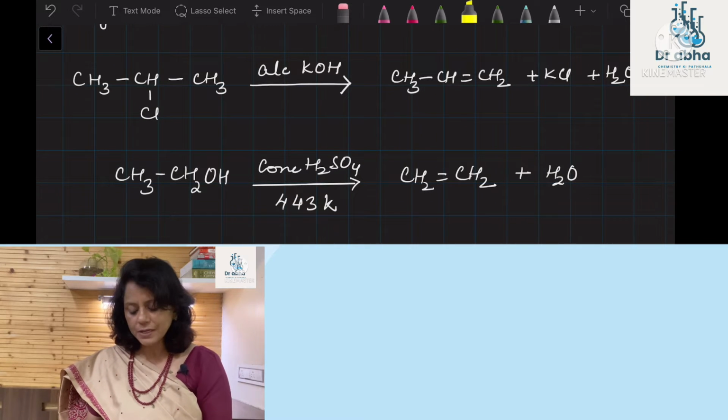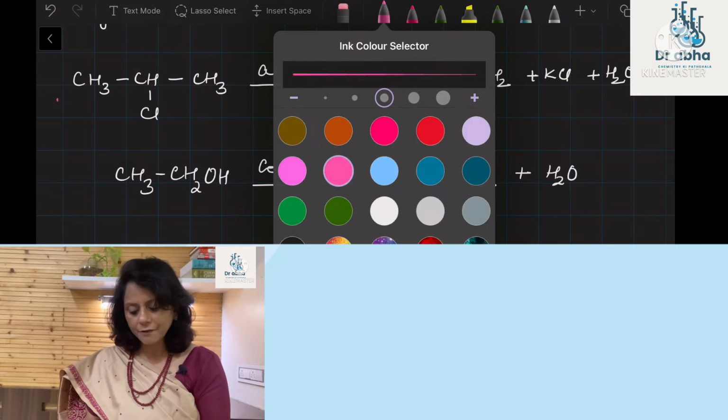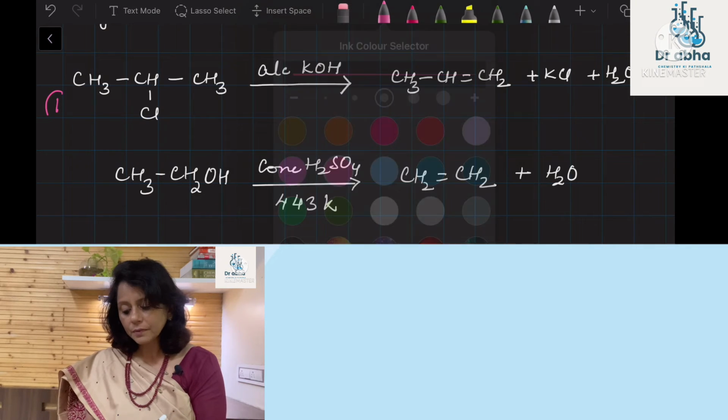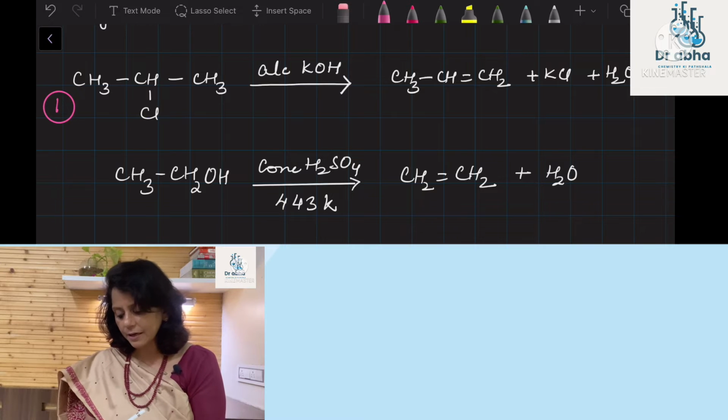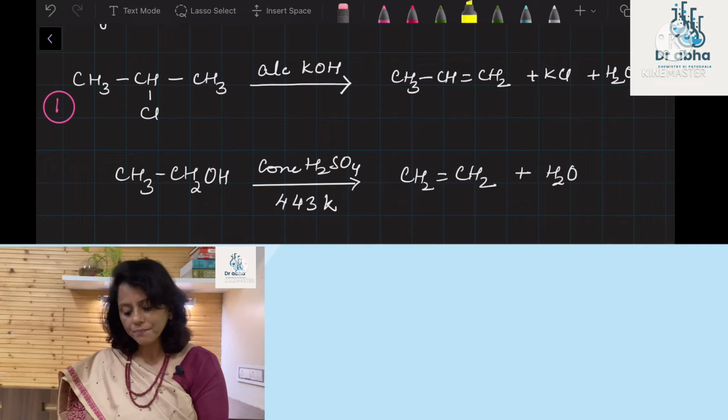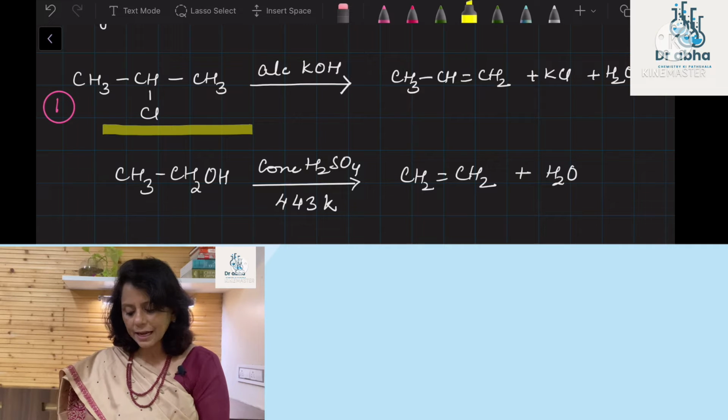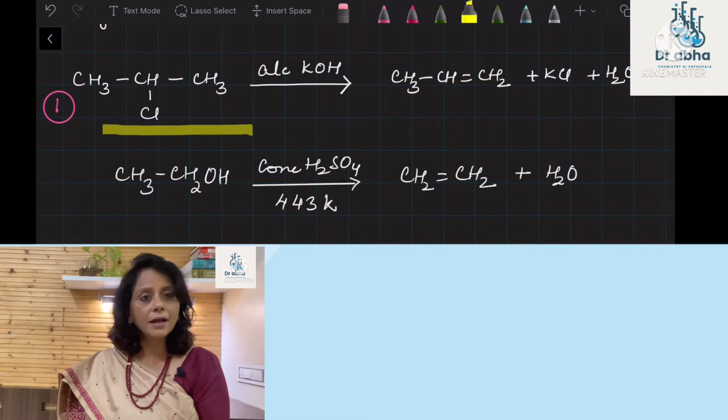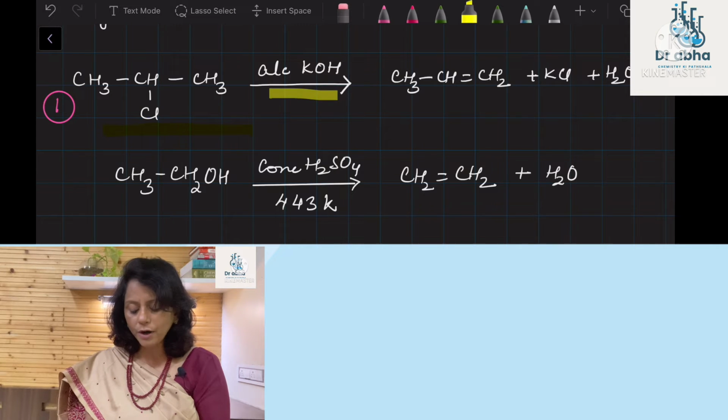Okay, so if you look here, the first reaction which I have taken is a reaction of alkyl halide, right? So now what is happening? In this alkyl halide, you can see there is a carbon and halogen single bond, in presence of alcoholic KOH.